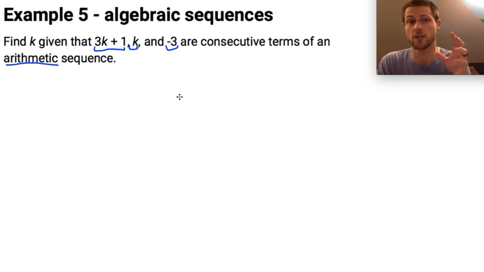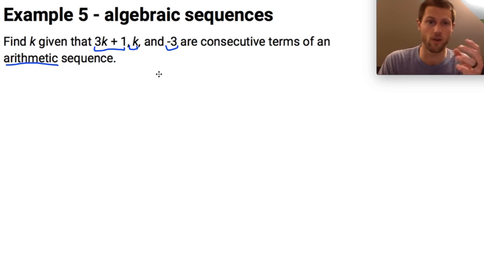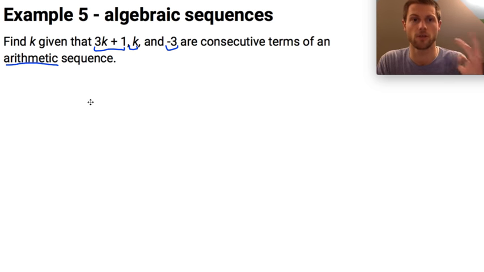Now, at first, this might seem kind of difficult. Do we guess and check? There is a method that we can use to find this k value. There's actually two methods that I'm going to show you.